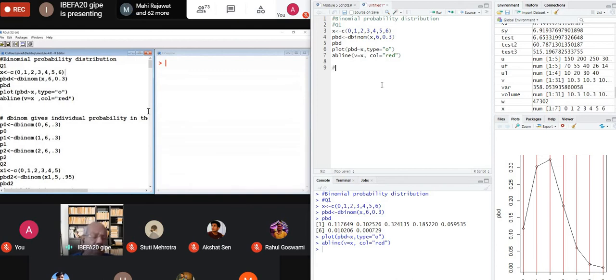And how to find them? The syntax is d for distribution, binom: variable X, comma n, comma p. That is the algorithm, so let me compute that first.